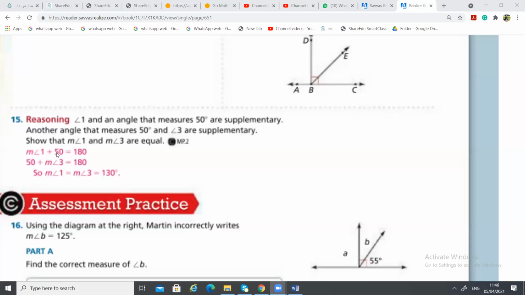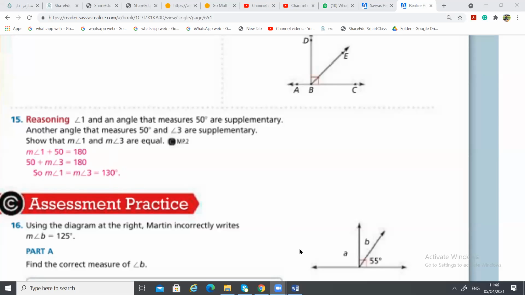Now here in question 15, angle 1 is 50. Angle 1 and the other angle that measures 50 are supplementary. So angle 1 plus 50 is 180. So if I want to find angle M, both will be the same. Angle 1 and angle M equal, angle 1 and angle 3 will be 130. How? Angle 1 plus 50 is 180. So angle 1 will be 180 minus 50. You know very well that 50 will go to the other side.